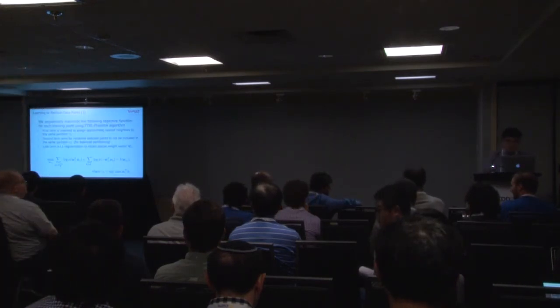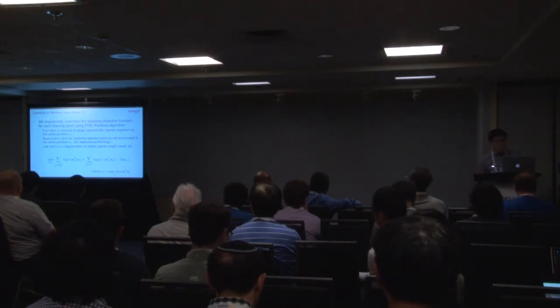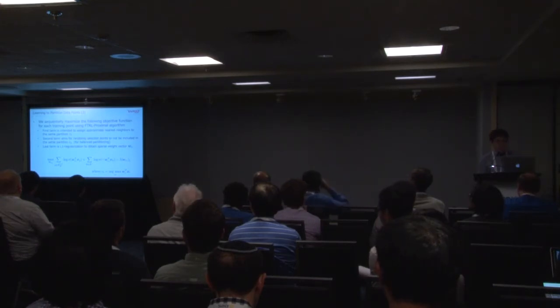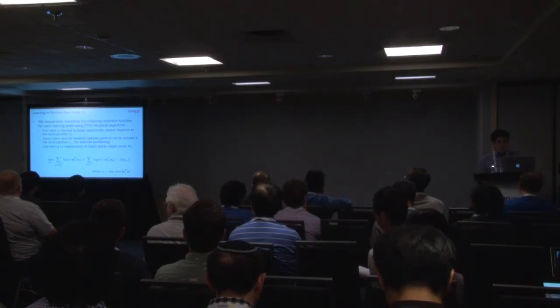Okay. After constructing a k-nearest neighbor graph, we want to obtain hyperplanes that divide the graph into k subgraphs while keeping the structure as much as possible.